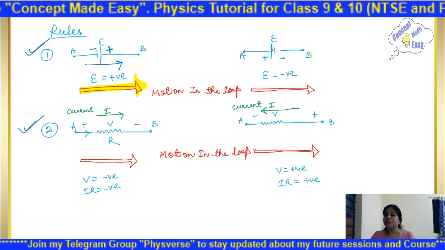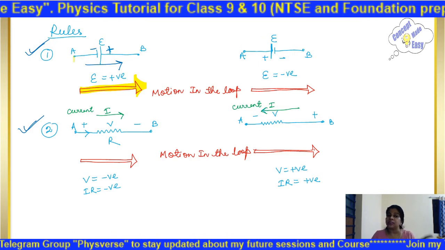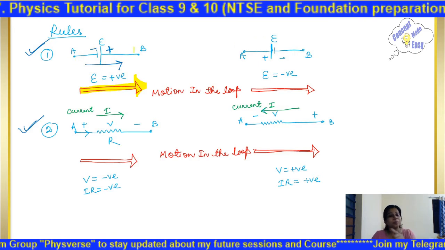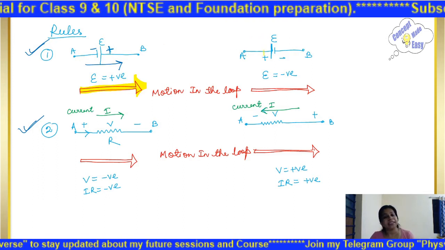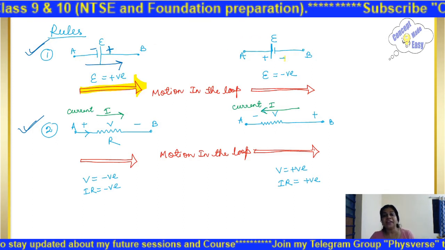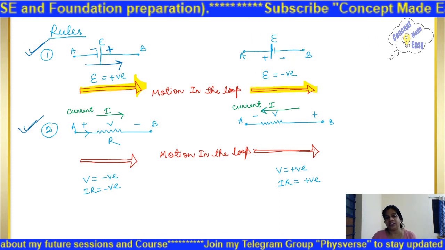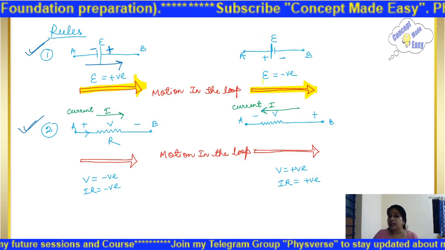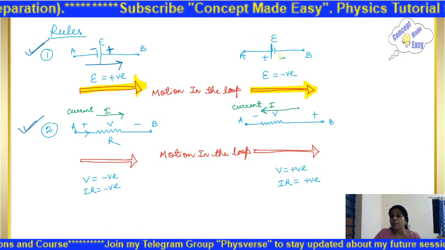Similarly, if you just twisted it, so that A is now connected to the plus terminal and B is connected to the minus terminal, and you are moving in an anti-clockwise direction, this is from A to B, or from positive to negative.